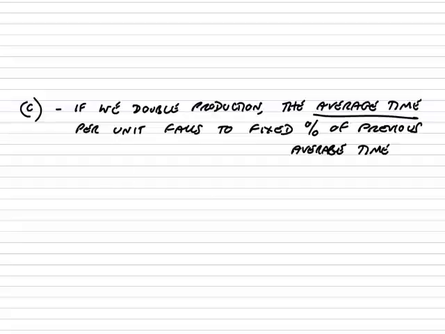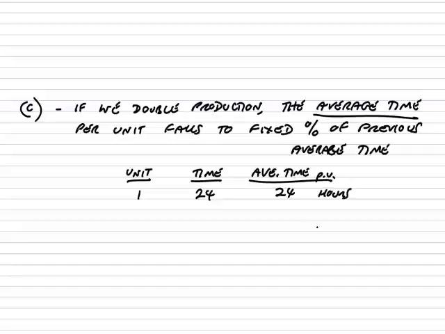And what's happening here? The first unit, how long did it take? It took 24 hours, and so the average time per unit clearly is 24 hours. We made a second unit, so we've doubled production and we've made 2. The second unit, it said, took 21.6 hours. So the total time for 2 is 45.6. And so what's the average time?